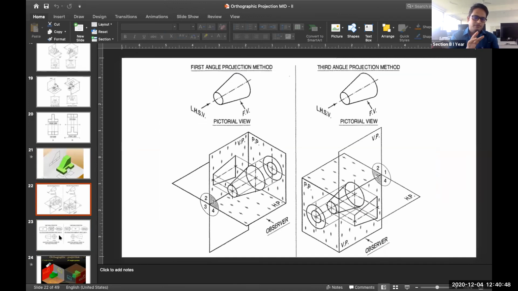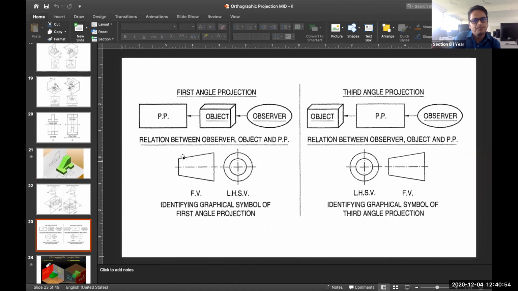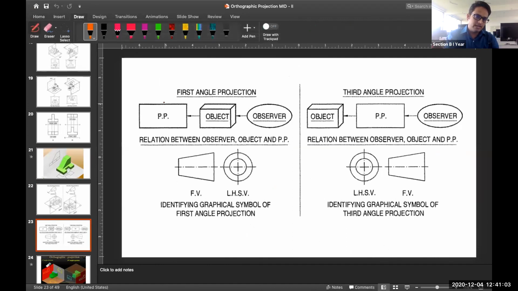Afterwards, because it will further give you certain complexity. Okay, I would like to show you this image first. What we have observed there, in first angle you have seen that first observer was there, then object, and then its projection plane was there.